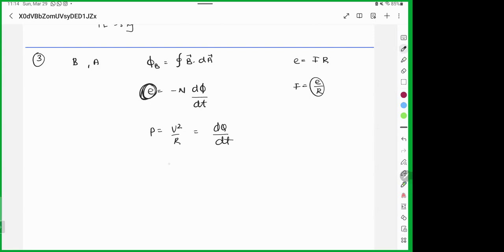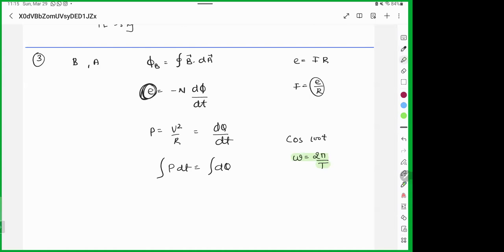Whatever P value you will get, dt will go to the other side. This is dq. Integration. And after integration, you will get the answer. Make sure whenever any sine or cos, any number is given, example here 100 was given, this is equal to omega, right? And omega is equal to 2 pi by T. Done.